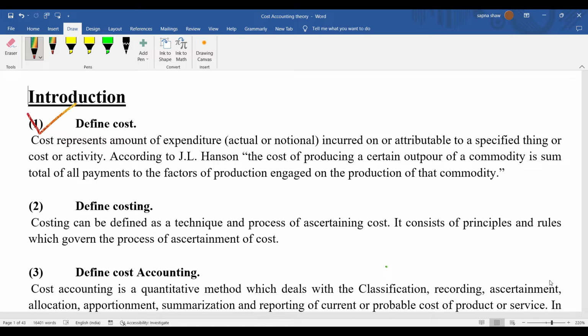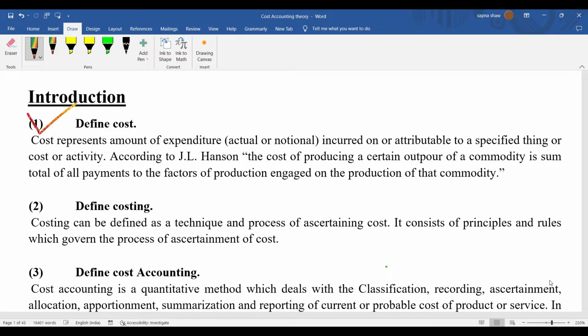If we hire laborers, we have to pay them because the person is doing the work for us. In this way, we incur cost to produce something. Understood? Whatever amount we spend to produce a particular unit of a thing, it is called cost.